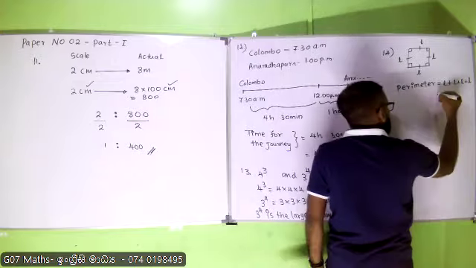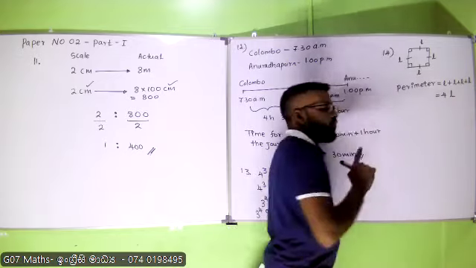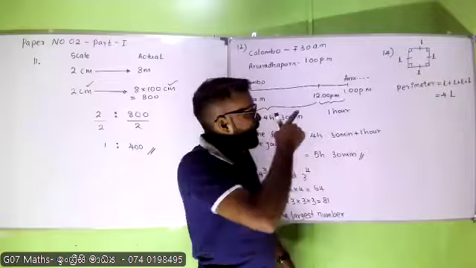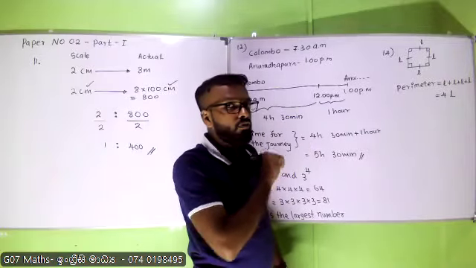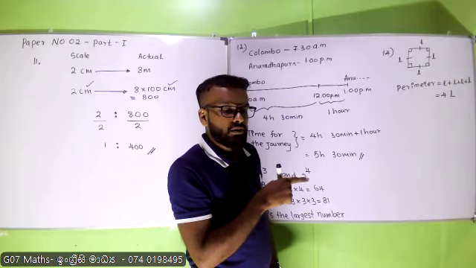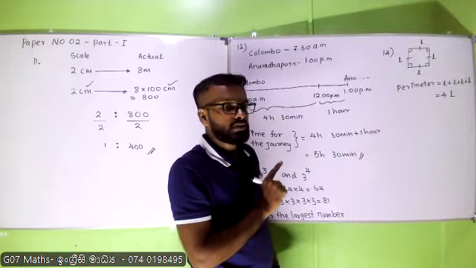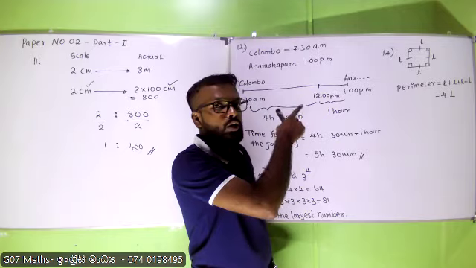The length of one side should be multiplied by 4 because we have 4 equal sides. So 4 into L.